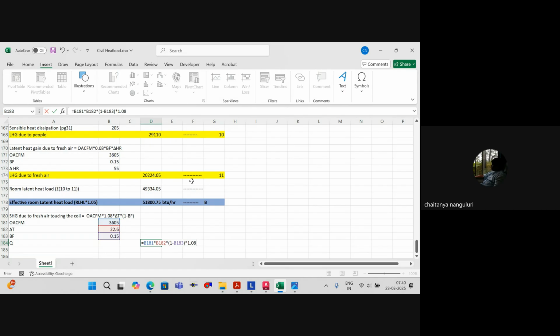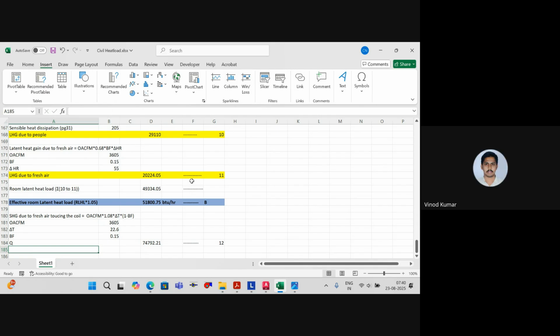You agree? This I'll take as equation 12. Understood or not? Yes, yes.